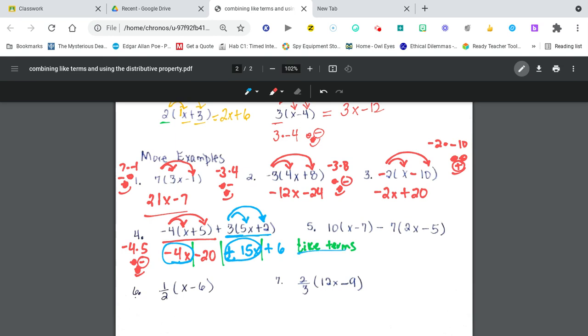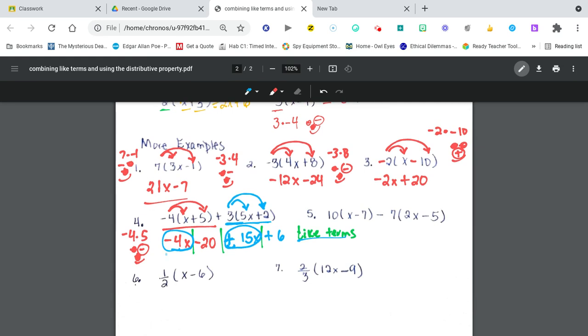Now, going back to like terms, same signs, you add and keep the sign. Different signs, subtract, take the sign of the larger number. So that's negative and that's positive. So they're different. So I'm going to subtract. 15 minus 4 is 11. And it's more positive. So it's going to be positive 11x.